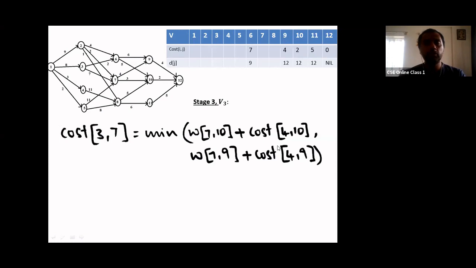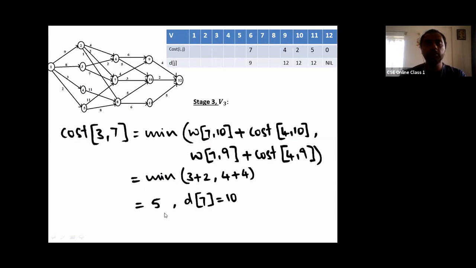So these two values: 7 to 10 is 3 plus 4 to 10, which is 2, so 3 plus 2, 5. Then same way, 7 to 9 is 4, 4 plus 4, 8. So the least value is 5. 5 is originating from which connection?